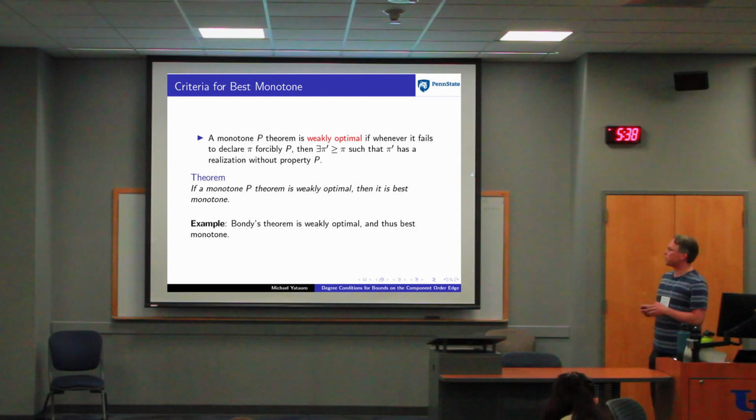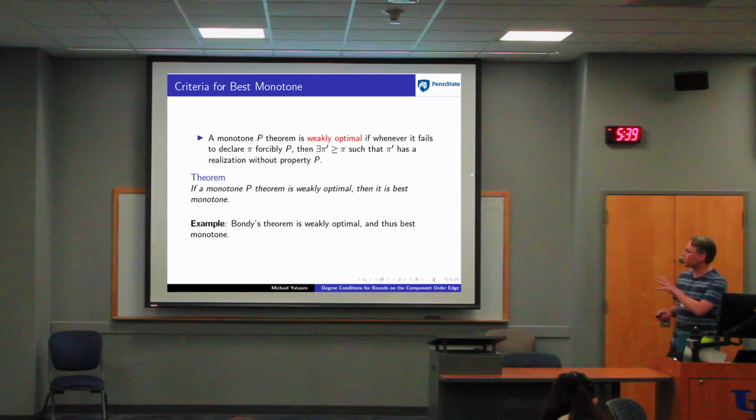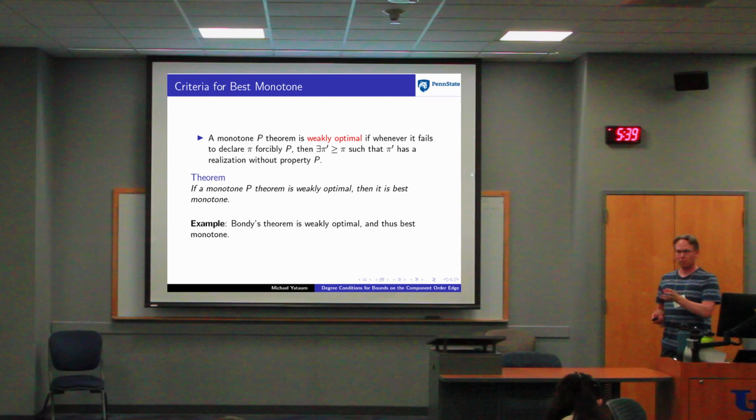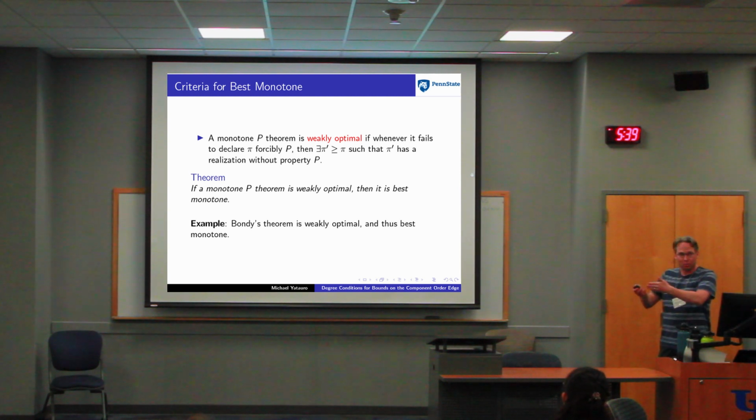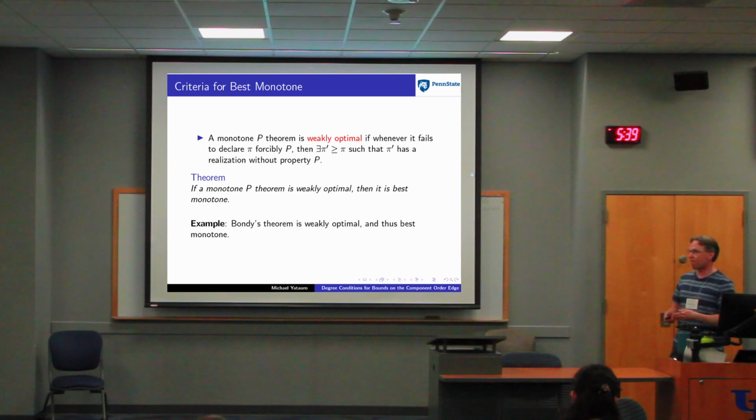Like Bondi's theorem is weakly optimal. It's possible to prove that if a graphical sequence fails, there is a majorizing sequence. Now, if the graphical sequence has a realization without the property P, then that's the majorizing sequence without the property P. You wouldn't have to find a bigger one, but sometimes you have to find a bigger one that is not forcibly P, and thus you have the weak optimality.